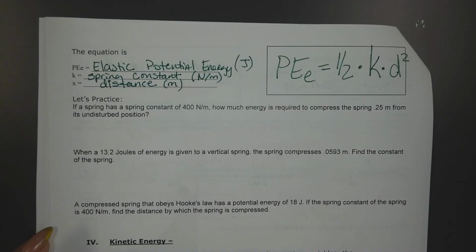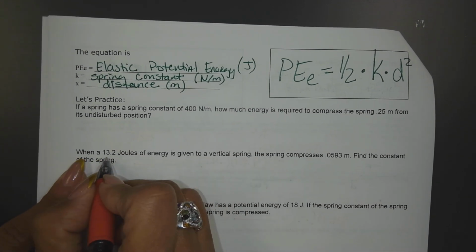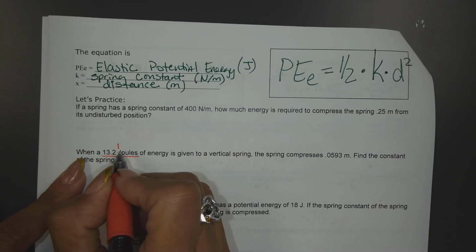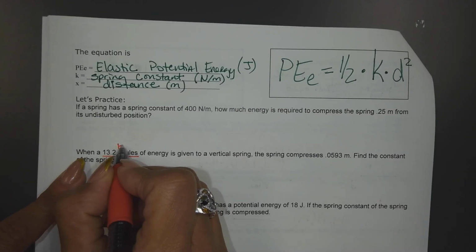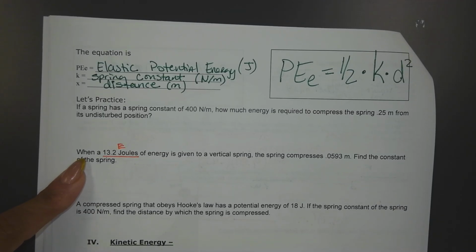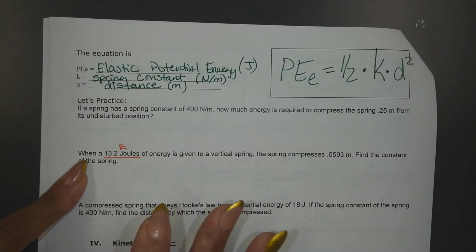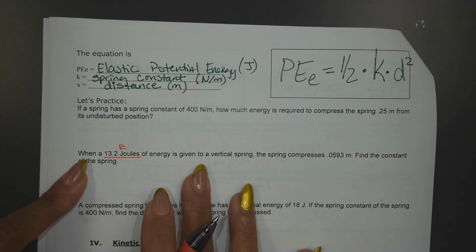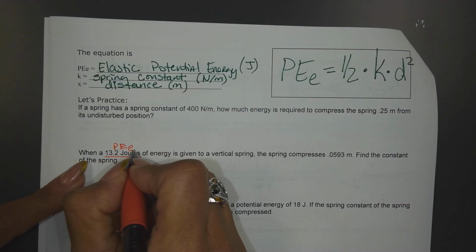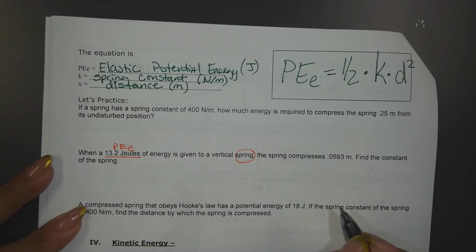Okay, so I'm going to practice the second one right here. It says 13.2 joules. Whoa, this is energy. I'm just going to put an E, because what kind of energy? Is it potential? Is it elastic? Is it gravitational? Energy is given to a vertical spring. Oh, wait a minute, PE_E, because they use the word spring.